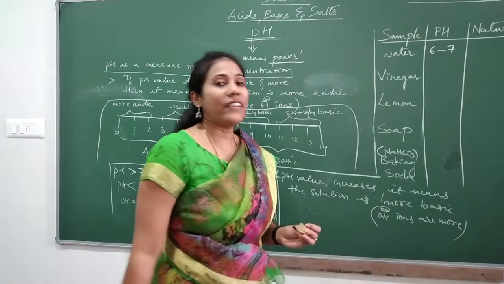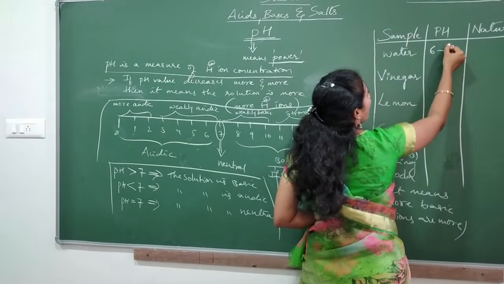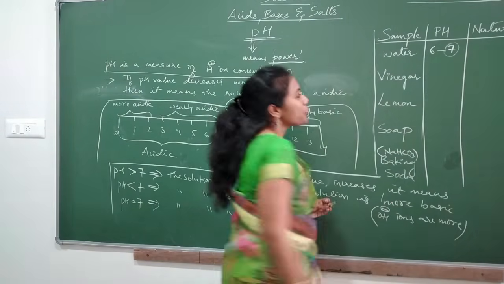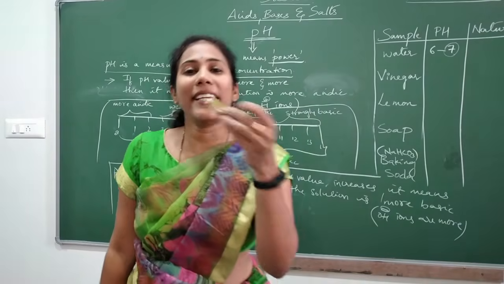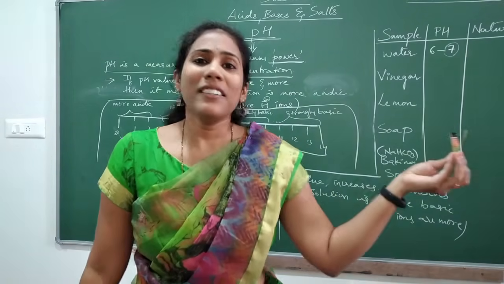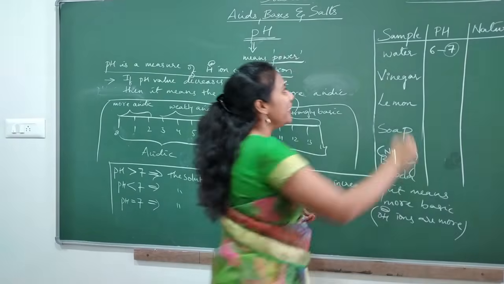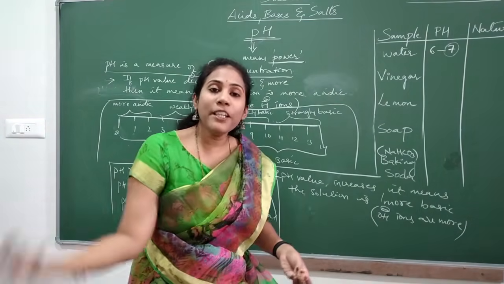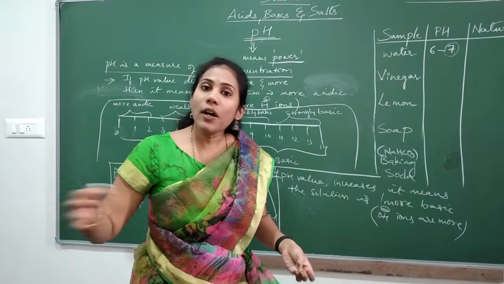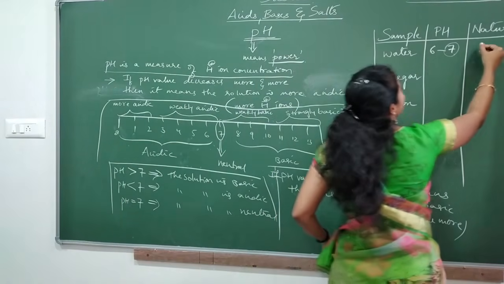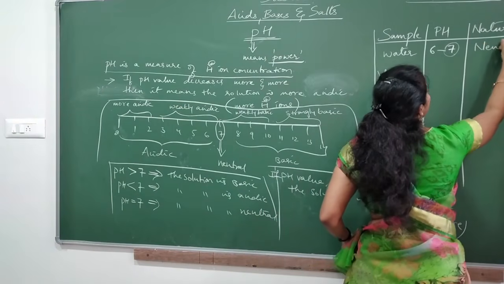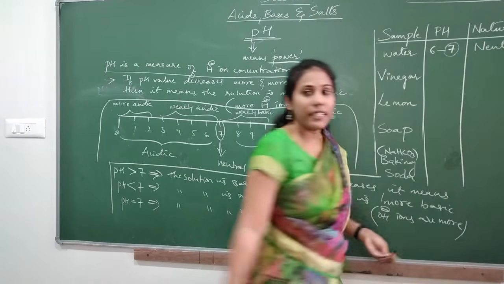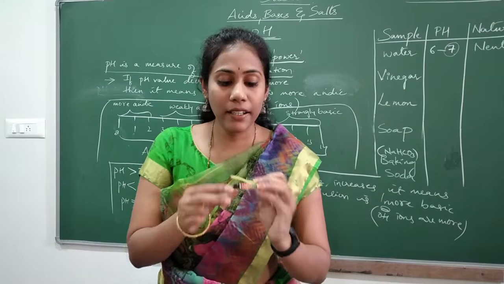The value will be very close to 7. It will be 6.8 or 6.9. That means almost 7, right? So what is the nature of water? Will it be neutral or acidic or basic? Definitely the water is neutral. Okay, fine.